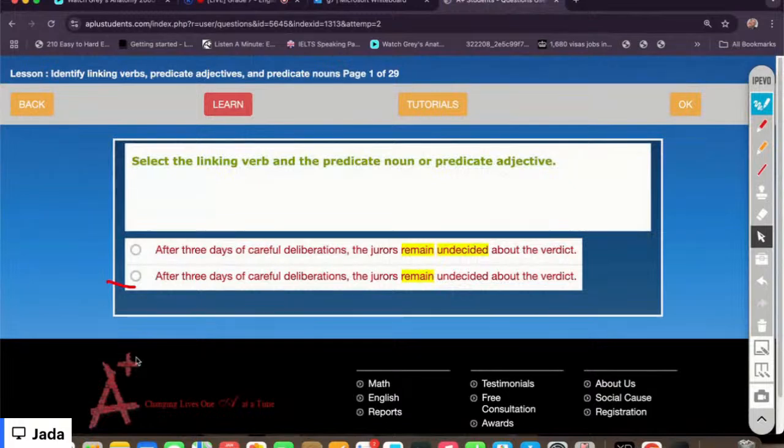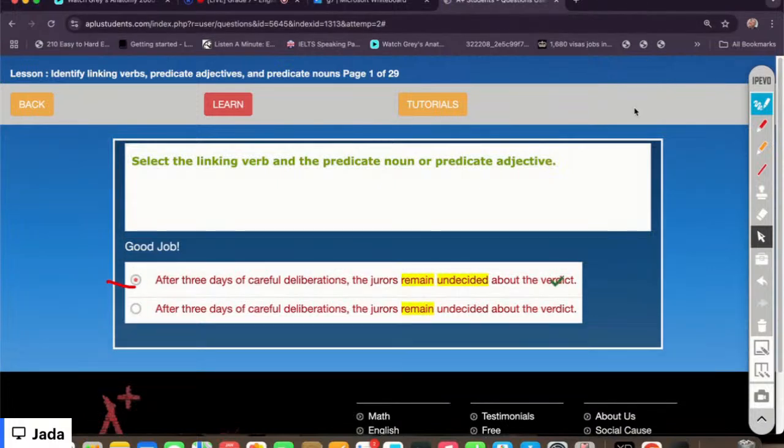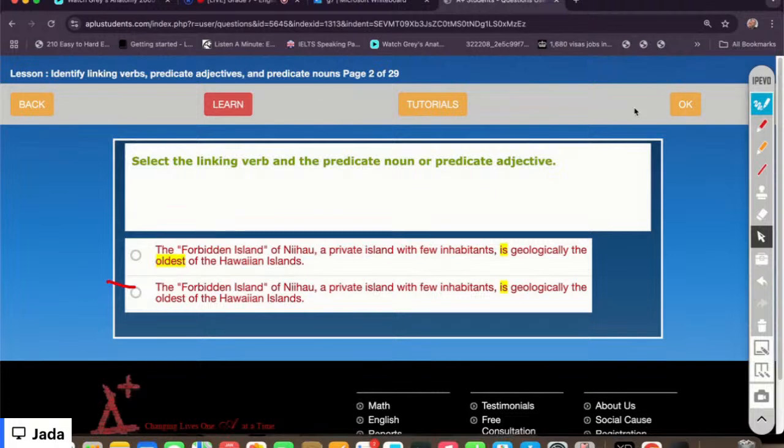Okay. All right, so we also have: the forbidden island of Niihau, a private island with few inhabitants, is geologically the oldest of the Hawaiian Islands.